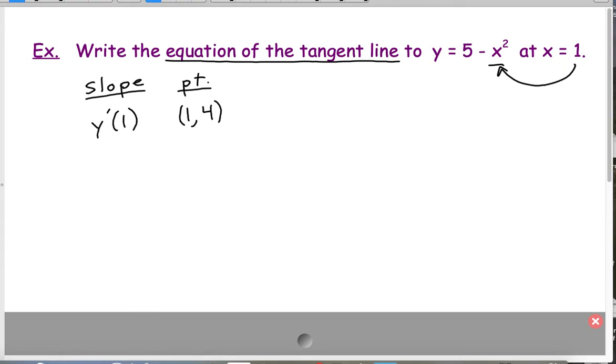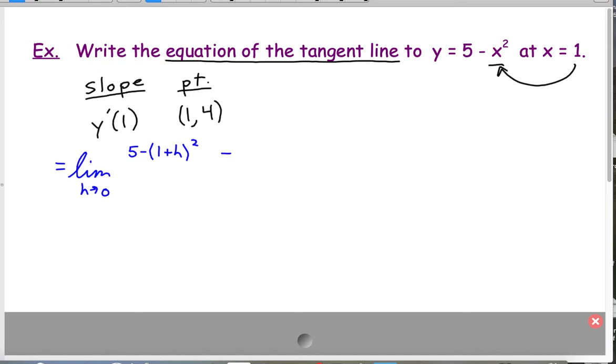So that's going to be the limit as h approaches 0 of f of a plus h. So in this case, it's going to be 5 minus, and then x, I'm going to plug in a plus h, so 1 plus h squared.